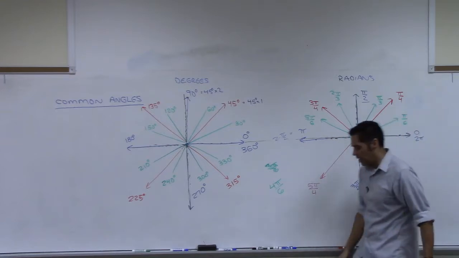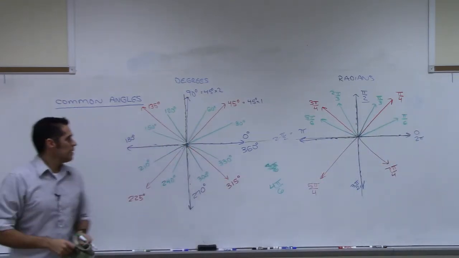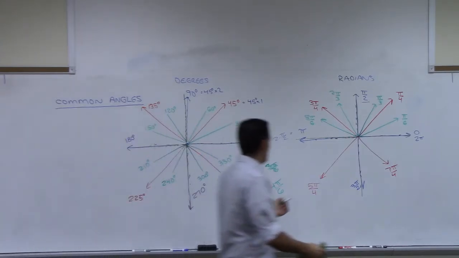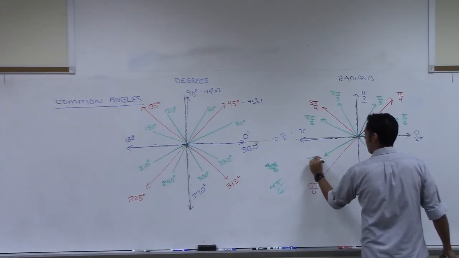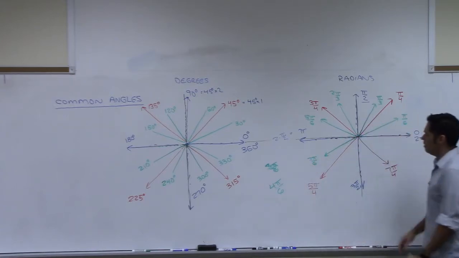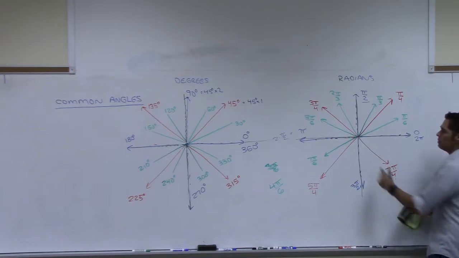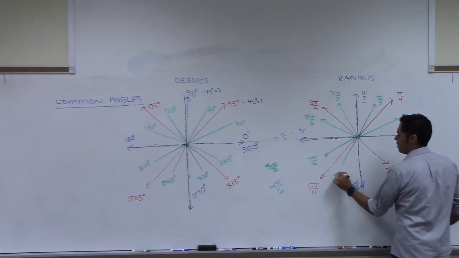And 6 pi divided by 6 should just be pi, so again that matches up. Next one, 7 pi over 6, that does not reduce, so I'm just going to leave it as 7 pi over 6. Then this one will be 8 pi over 6, but that reduces. 8 pi over 6 reduces to become 4 pi over 3.